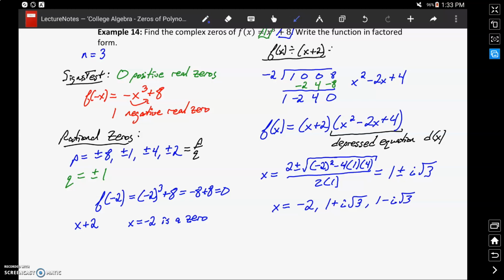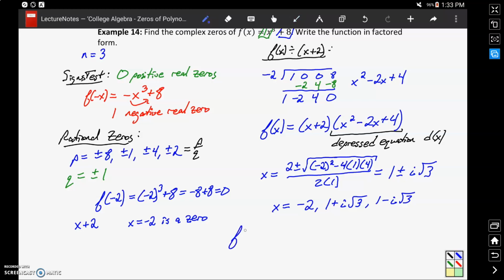This is consistent with the fact that we know there should be exactly 3 zeros, 0 positive real zeros, and 1 negative real zero. Since we have a complex number, we also have its conjugate represented, so we can use all of those ideas as checks along the way.